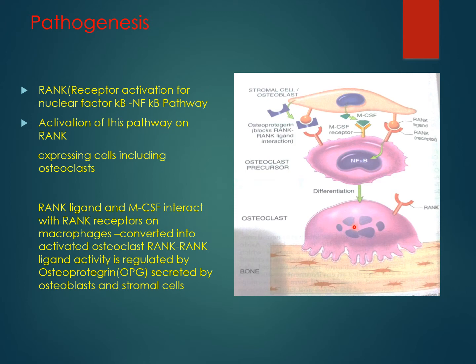So bone resorption will occur. Osteoprotegerin has opposite effect. When osteoprotegerin is upregulated, it will block RANK-RANK ligand pathway and there will be decreased bone resorption, because ultimately osteoclasts, which are bone crunching, will not be formed. And if osteoprotegerin is down-regulated, RANK-RANK ligand pathway is upregulated.